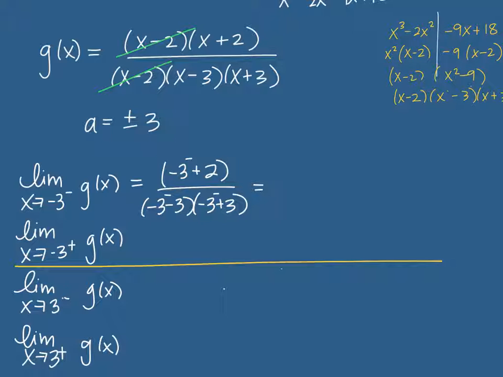When I have negative 3 plus a positive 2, I get negative 1 to the left. In the denominator, I get negative 3 minus 3, that's negative 6 minus, and negative 3 plus 3, that's 0 minus.